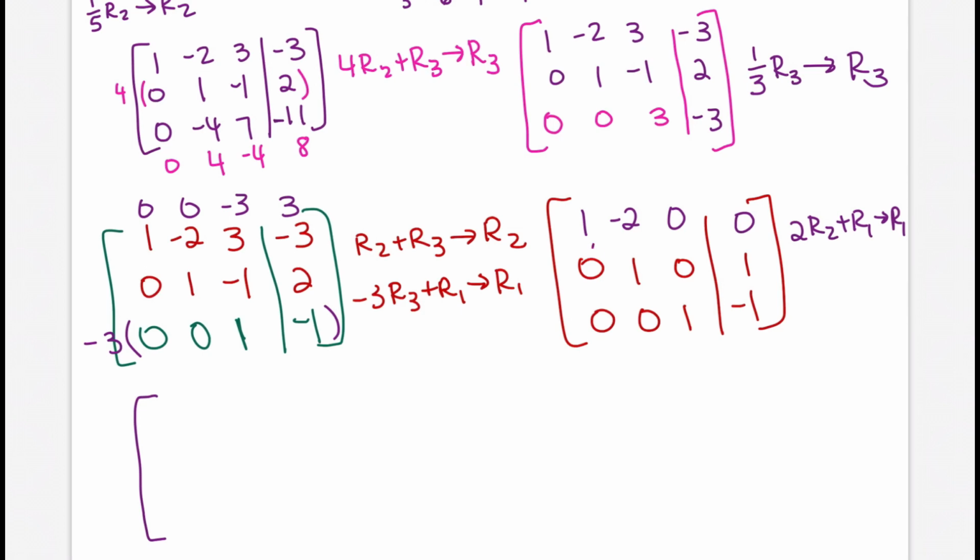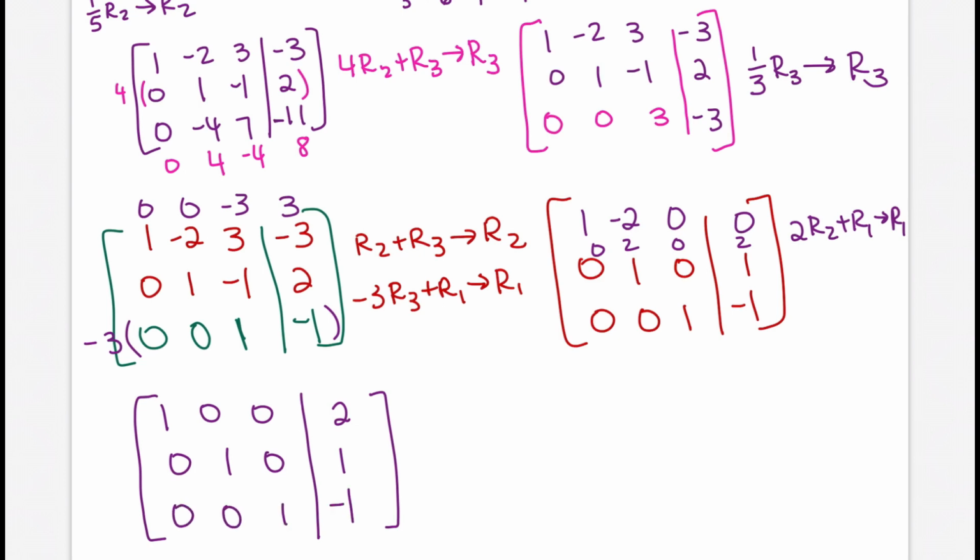So if I times row 2 by 2, I get 0, 2, 0, 2, and then I just add it to row 1. So 1 plus 0 is 1. Negative 2 plus 2 is 0. 0 plus 0 is 0, and 0 plus 2 is 2, which gives 1, 0, 0, 2, 0, 1, 0, 1, 0, 0, 1, negative 1.